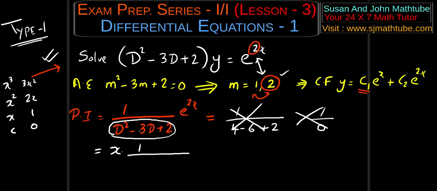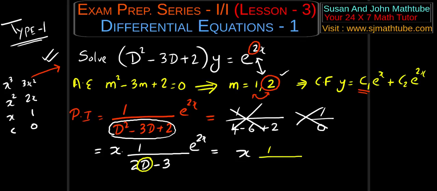So now what you do is you differentiate this with respect to D. So I get (2D − 3)·1 + 0. Okay, now the same process, you replace D with 2.